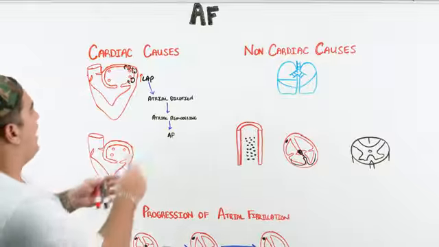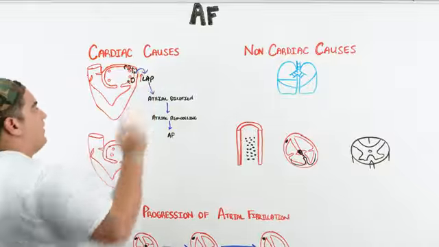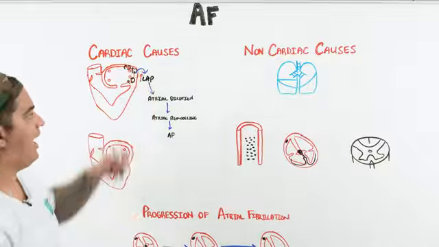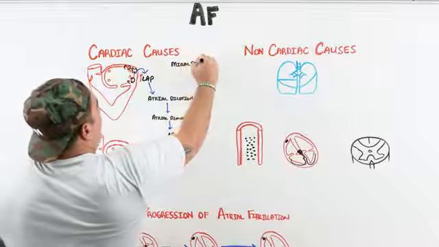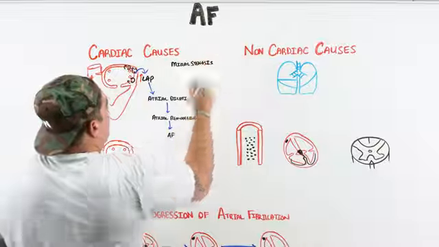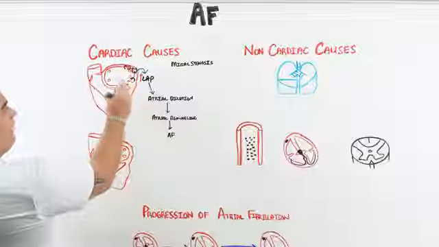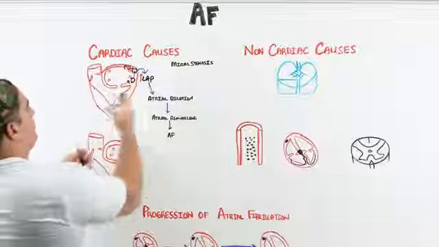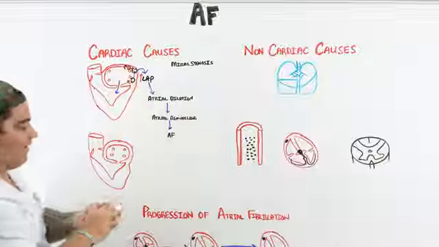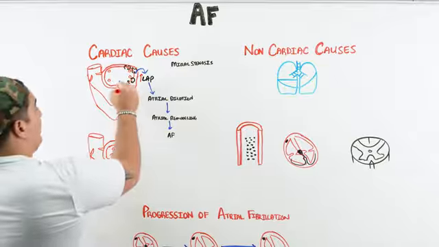The question then arises: what is causing this left atrial pressure to be high? We already mentioned one of them. One of these is going to be mitral stenosis. And it's important to remember this because mitral stenosis is a disease of the mitral valve where blood can't get from the left atrium into the left ventricle. This part's being inhibited.